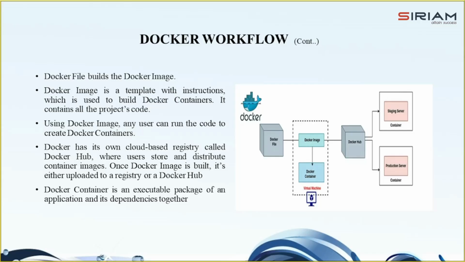You can store your images on Docker Hub, and it can have two types of registries, private or public, depending upon your requirement. And a Docker container is an executable package of an application built over the image, and its dependencies are also in that particular container, right?